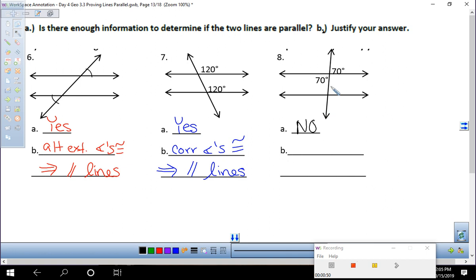So for this case, where it's not talking about one of the converses at all, we just have to put not enough information for our justification. So if the converses are not being represented at all in your picture, that's when we use not enough information for our justification.